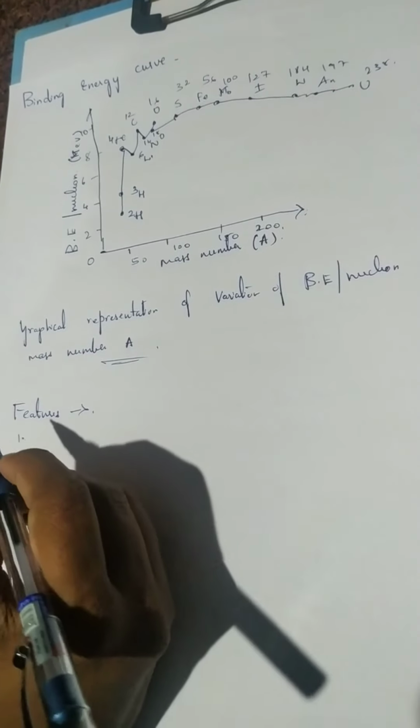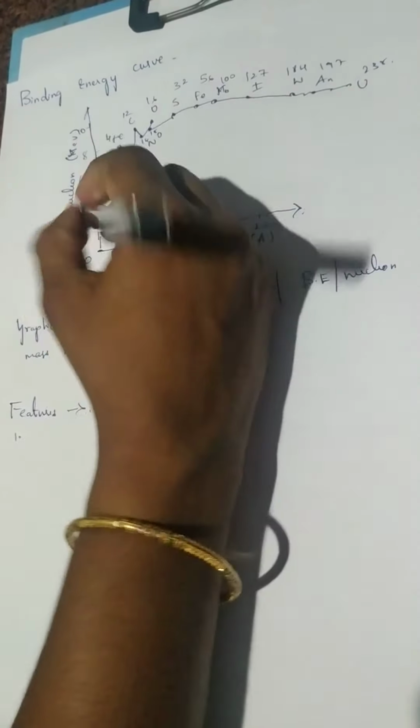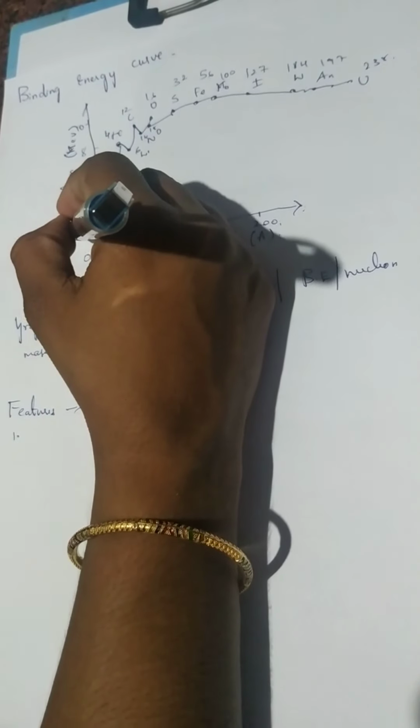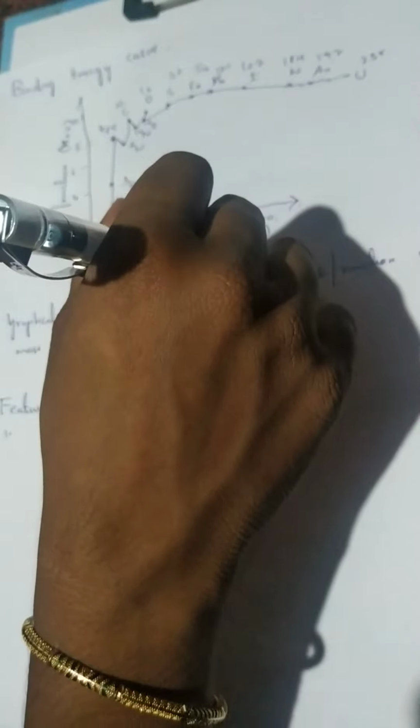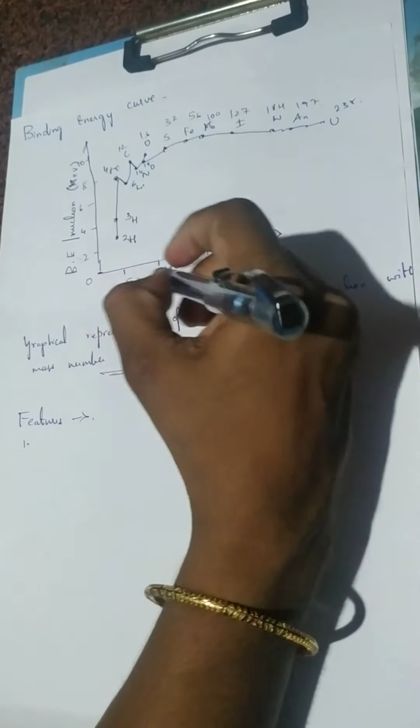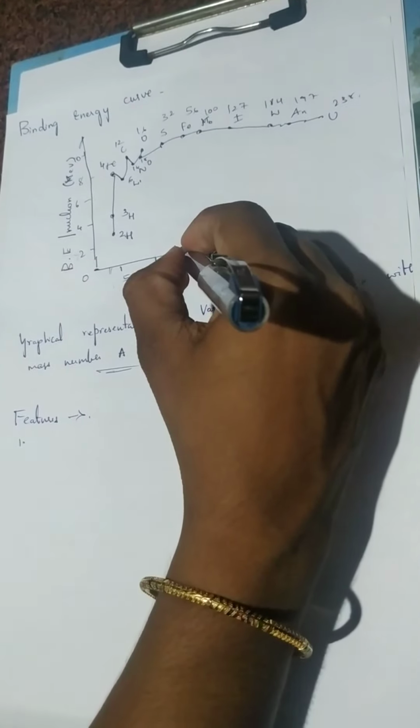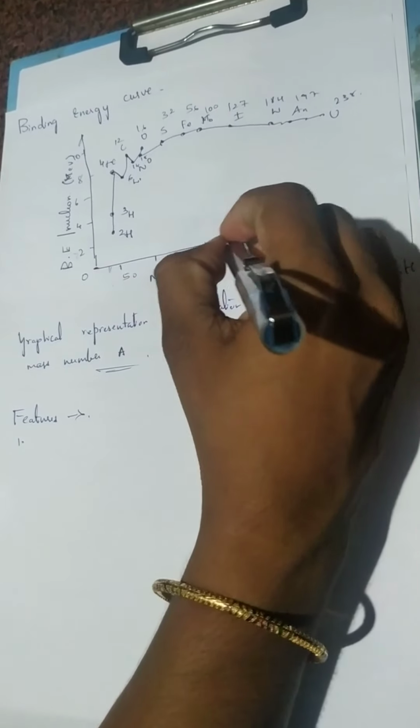So the features: the binding energy per nucleon is practically independent of atomic number, right? It is constant for nuclei of middle mass numbers from 30 to 170. So till here it is nearly constant.